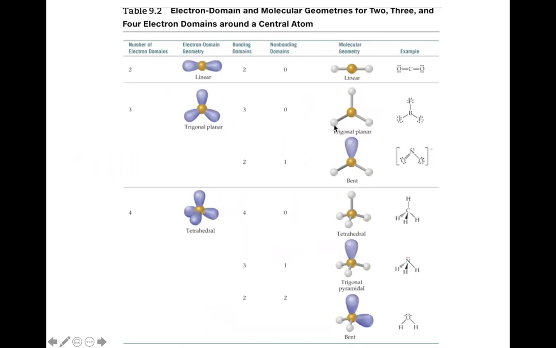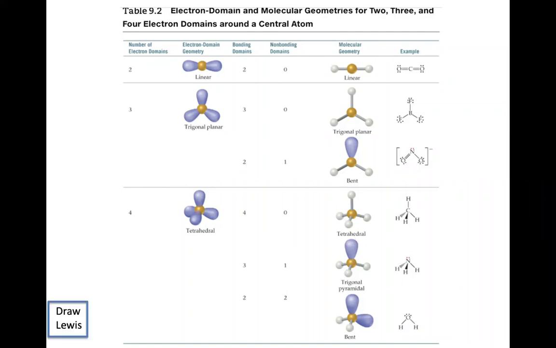So in here, we've been spending some time on how VSEPR geometry can be used if we're thinking about 2 electron domains, which makes it linear, 3 electron domains, which are trigonal planar, or 4, which make it tetrahedral. And we have examples then of corresponding shapes if they're all bonds or if we have a combination of bonds and lone pairs.